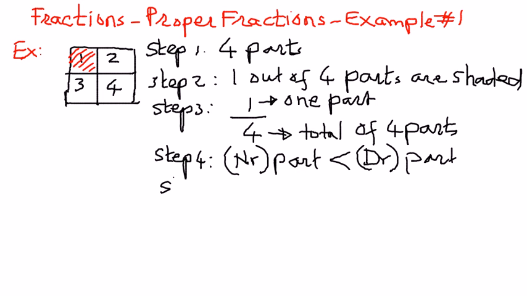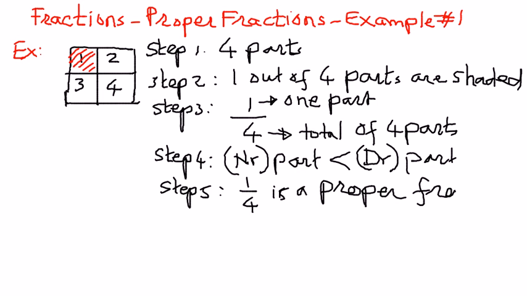Therefore, step number 5, we can write: since the numerator part is less than the denominator part, 1 over 4 is a proper fraction. That is how we want to understand these types of examples.